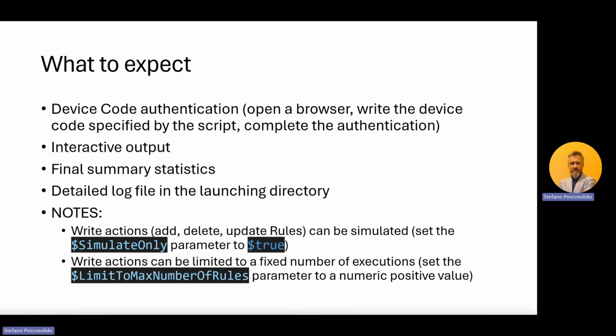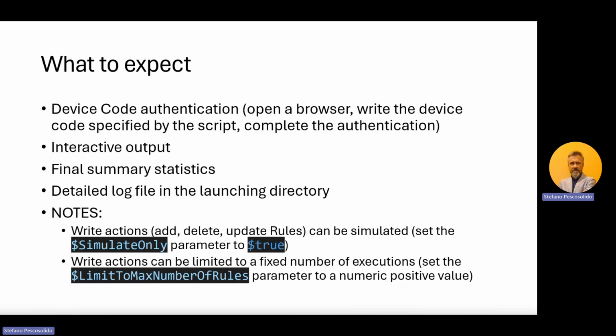So at that point, you have to use your authorized user with the adequate permission in Sentinel. There is an interactive output in the PowerShell window. At the end, there are some statistics. There is a detailed log file in the same launching directory.